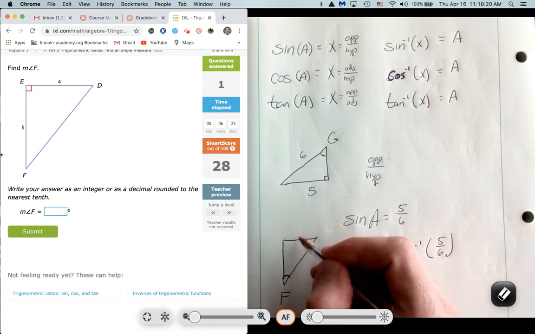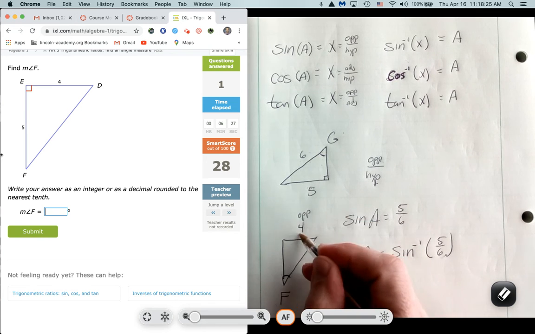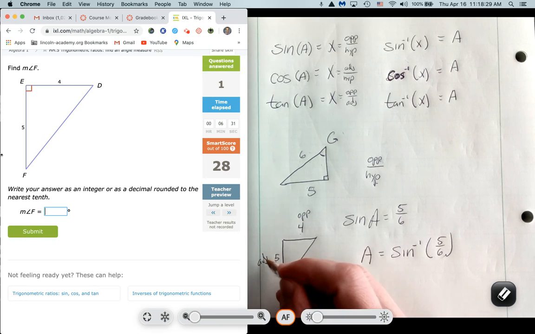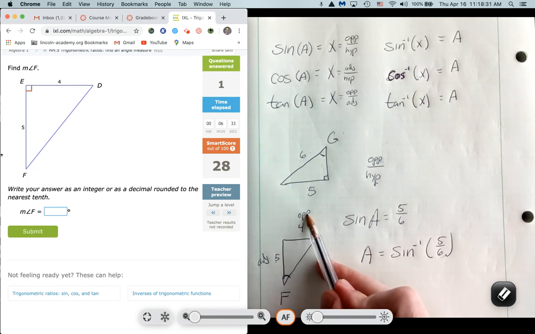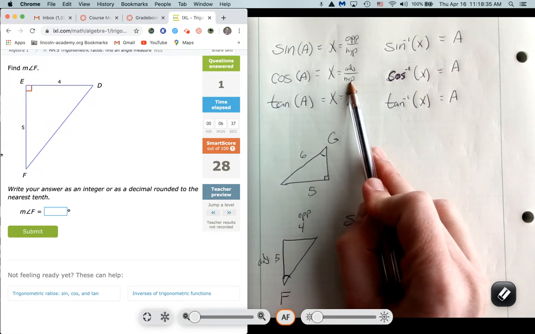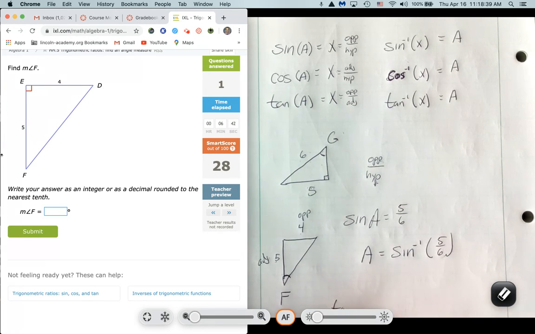I have the opposite side and I have the adjacent side. So what trig function uses the opposite and the adjacent? Well, not the sine, not the cosine. Oh, the tangent. The tangent of F is going to equal that opposite over the adjacent.